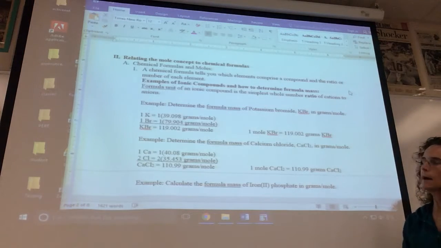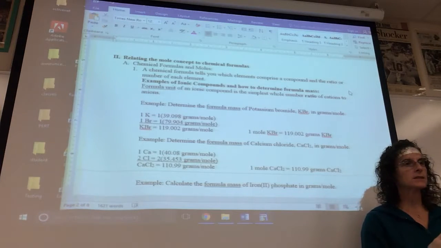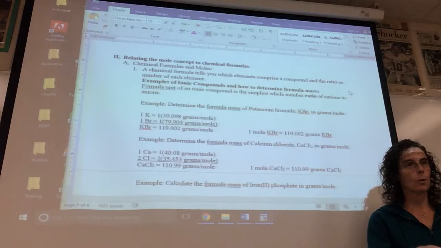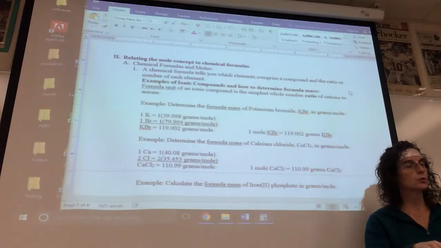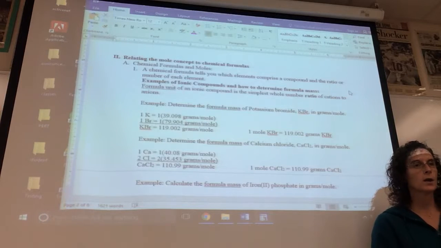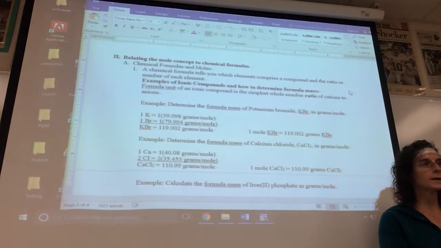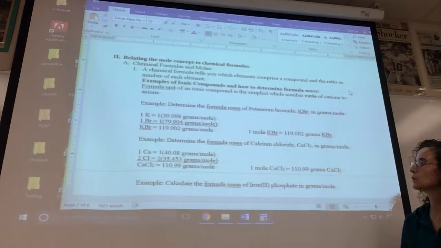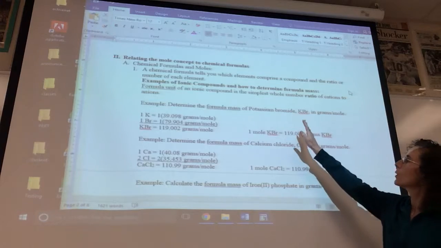We know in an ionic compound, we have the simplest whole number ratio of ions. And that's why when you swap and drop, you then reduce those numbers. You don't leave a 2 and a 4, you get down to a 1 and a 2, because it would be 1 cation to 2 anions in that case. So the reducing is important.